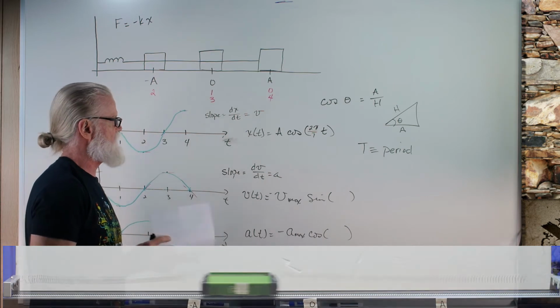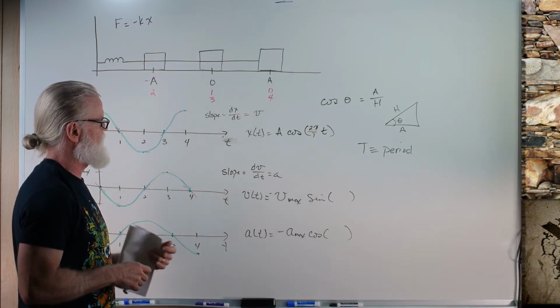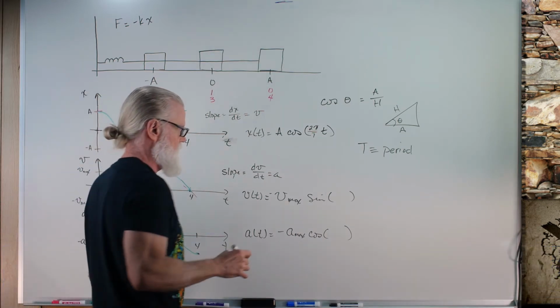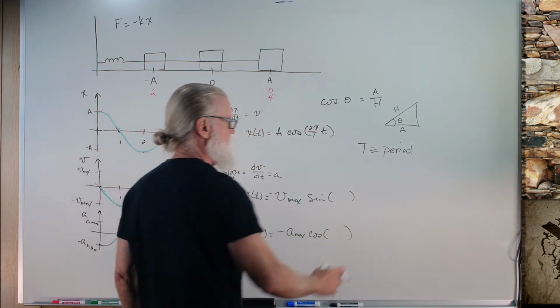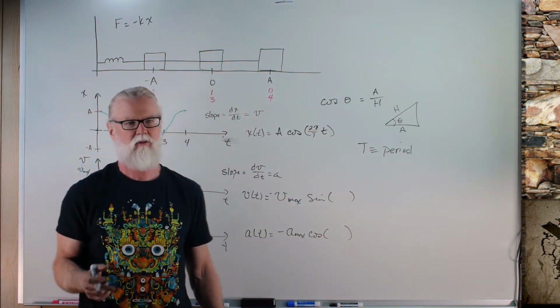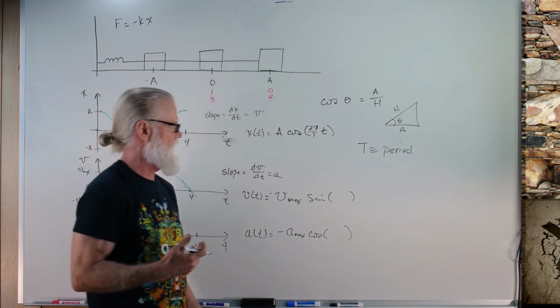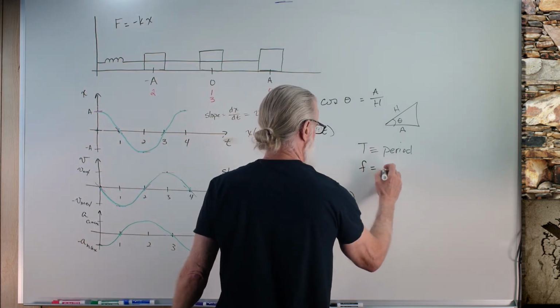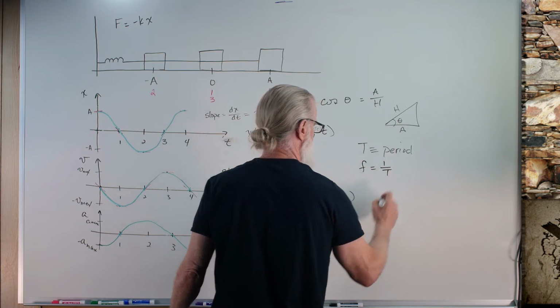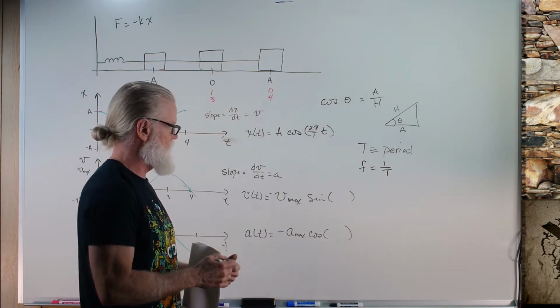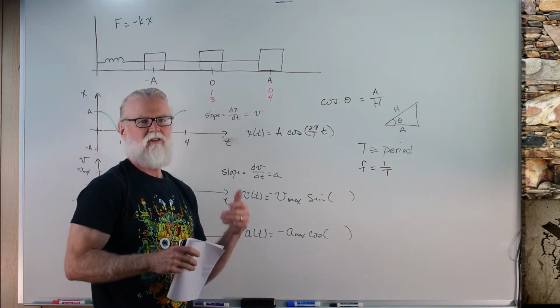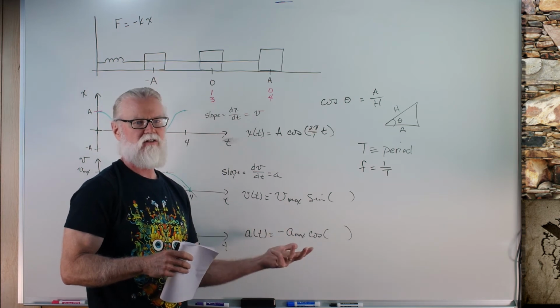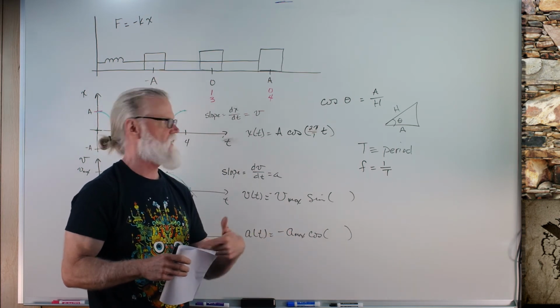Now we can express that another way. If we remember frequency, period is the amount of time, a measurement of time for a motion to repeat itself. And then we have frequency, right? And frequency is 1 over the period. Frequency is the number of cycles per second.